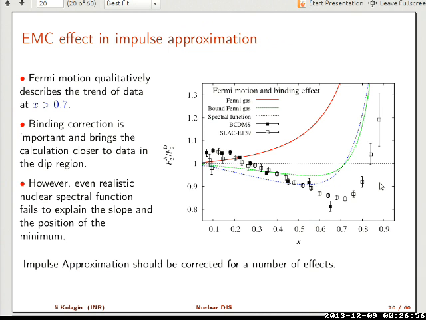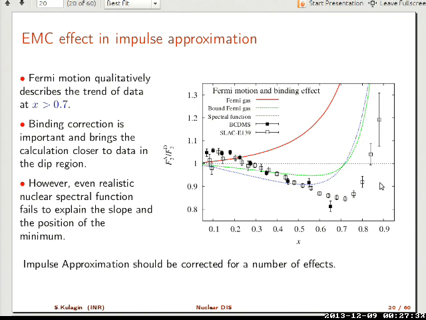This is the pure Fermi gas calculation. In Fermi gas with no binding, we have only the rising ratio. But some minimum we would observe if we try to account for the binding effect.